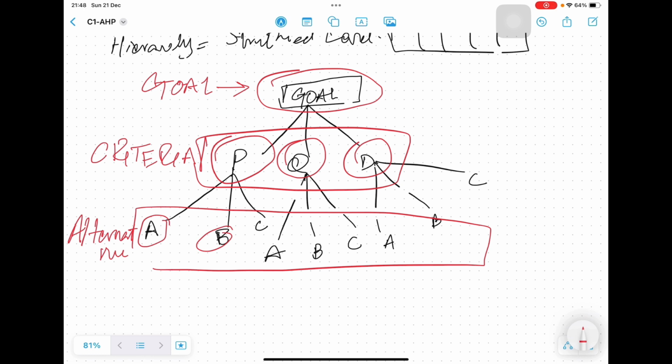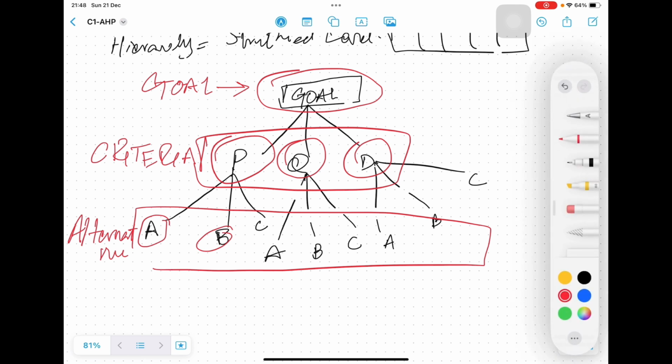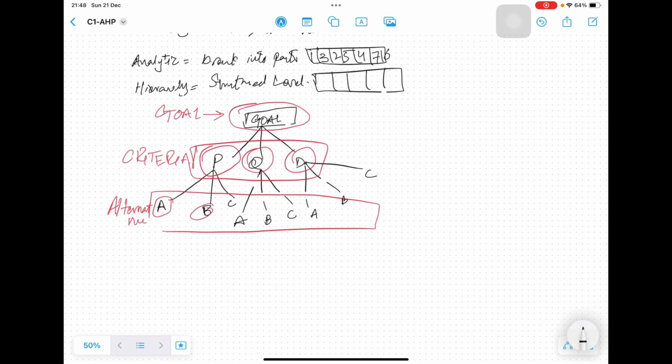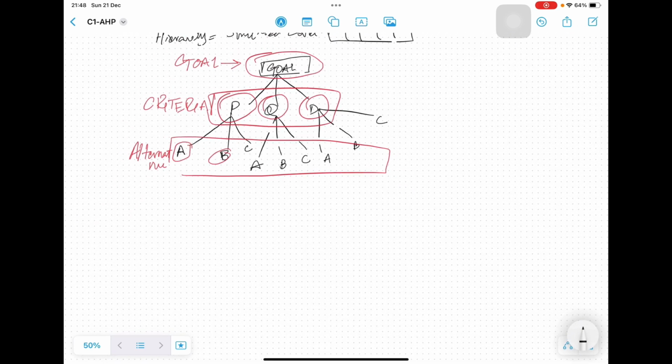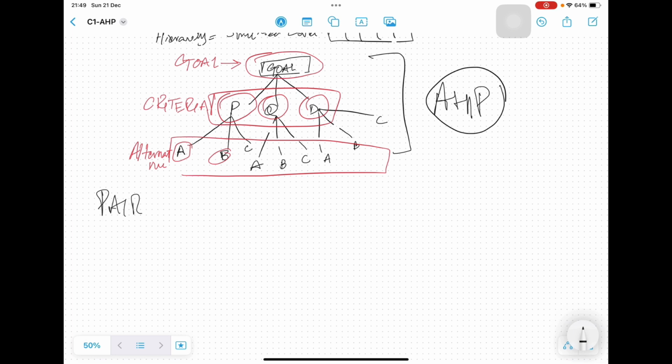AHP always starts with structure before calculation. You always focus on these things. AHP always starts with the structure. So this is called AHP. This is the structure. Now you would think there are more concepts, and the next is called pairwise comparison.